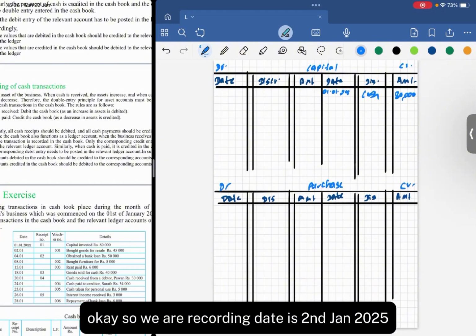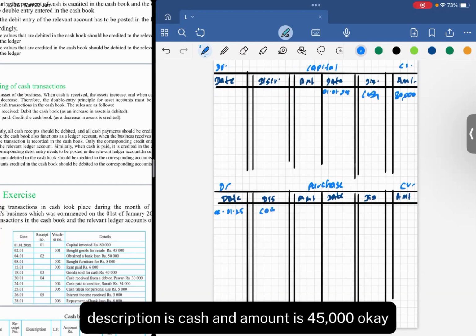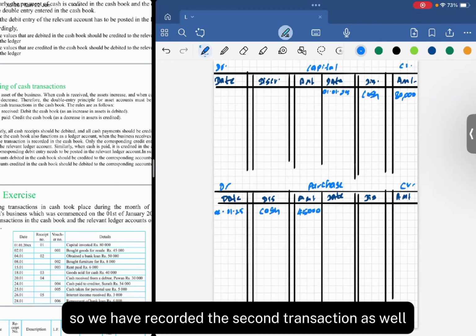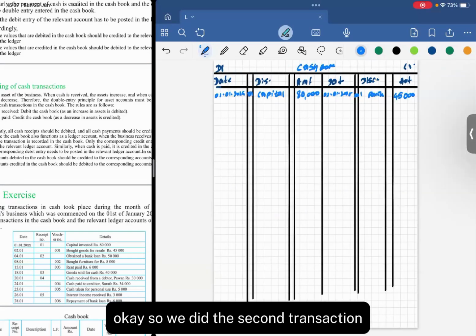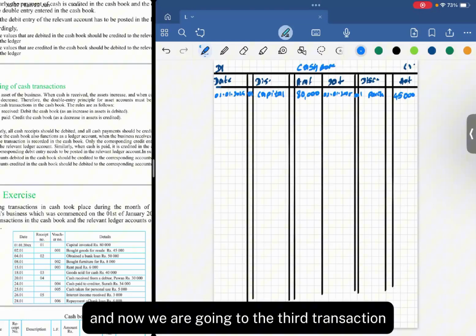Date is 2nd Jan 2025, description is cash and amount is 45,000. So we have recorded the second transaction as well.